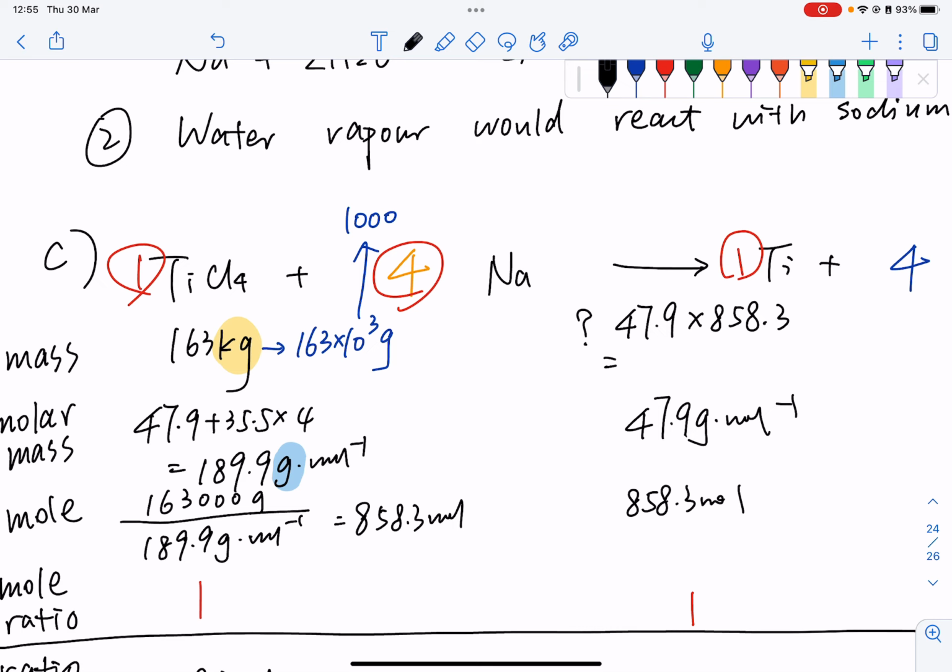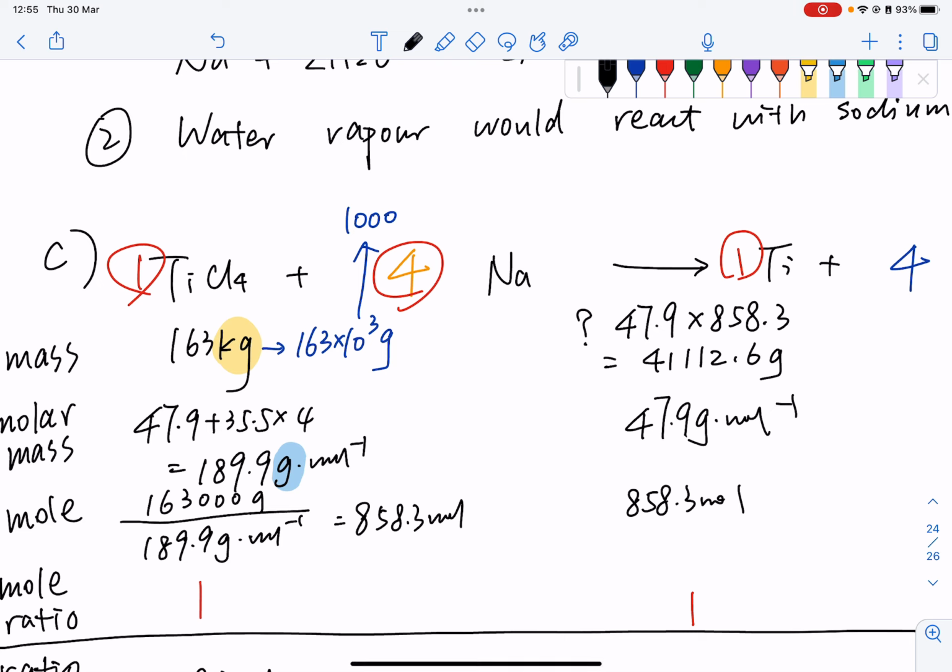So if we multiply it all together, the mass will be 4,111. Oh no, it's 41112.6 grams. So what does the question ask about?